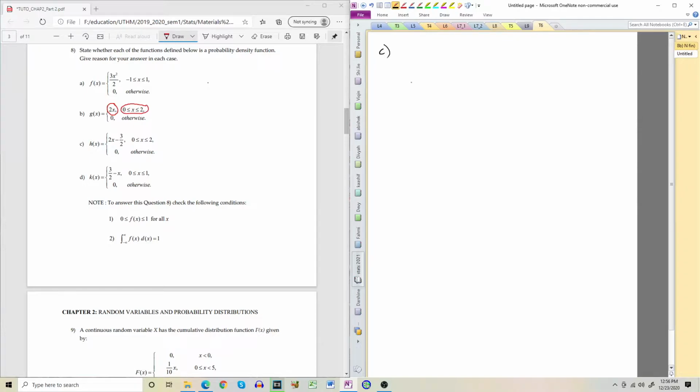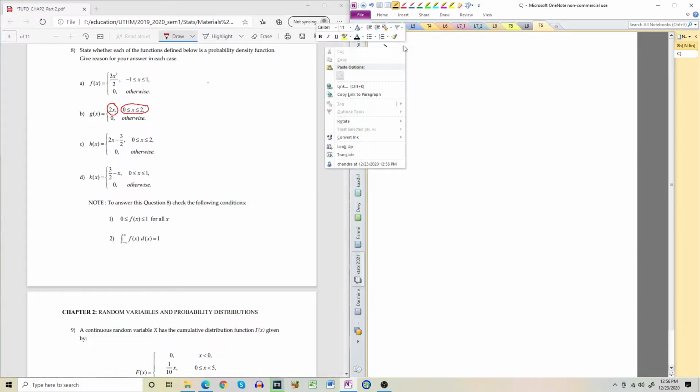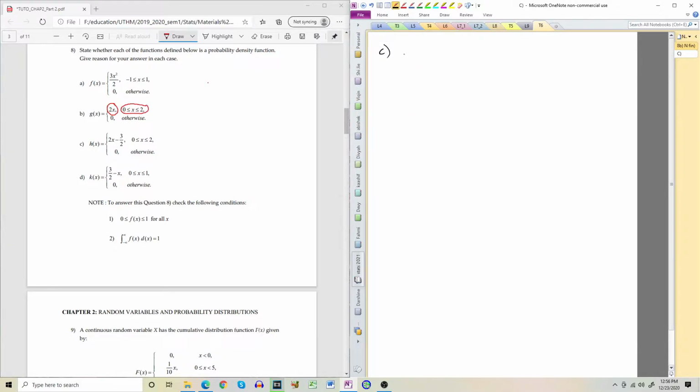Now C. First condition is, we have to see whether h(x) is greater than or equal to 0. We have to make sure this function is always greater than or equal to 0.